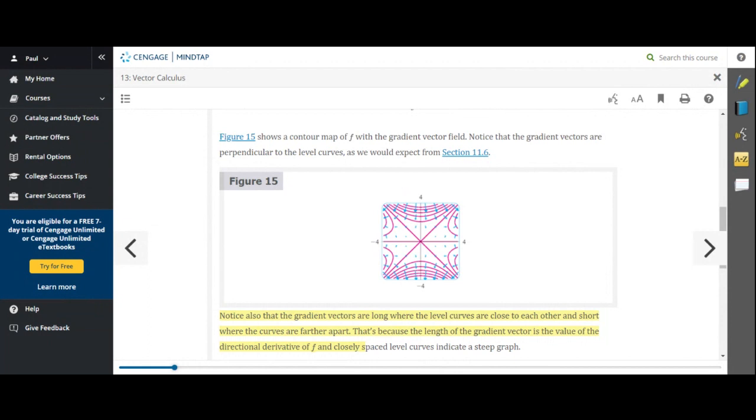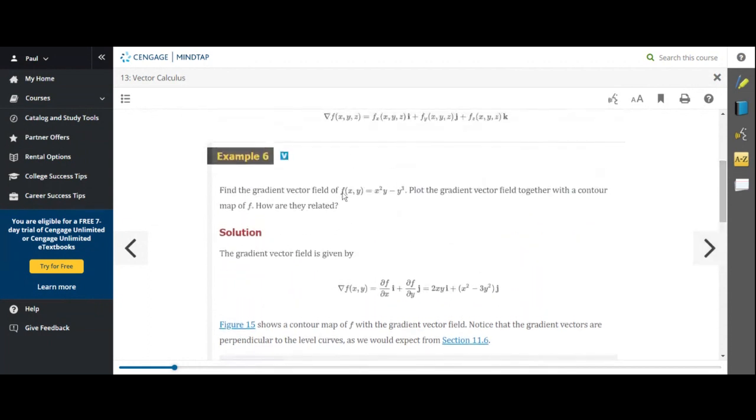The function they've drawn the contour map for is x squared y minus y cubed. This is example 6 from section 13.1. So let's keep this in mind, x squared y minus y cubed.